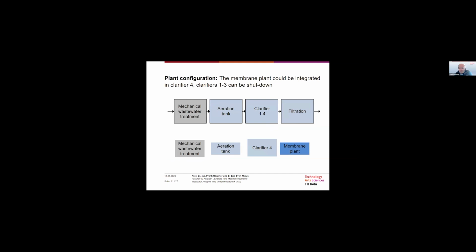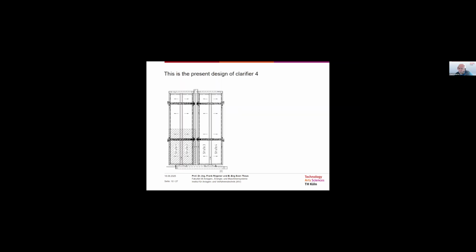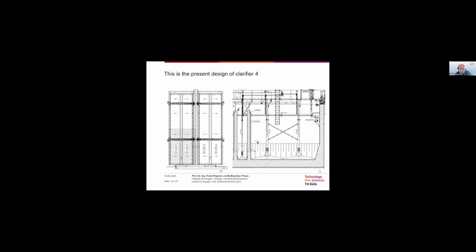When you look at the existing technology, we saw that there were 4 clarifiers, and it was possible to use one clarifier line for the implementation of the membrane plant. This is a sketch of the respective clarifiers: 4 lines in parallel with a depth of about 4 meters.